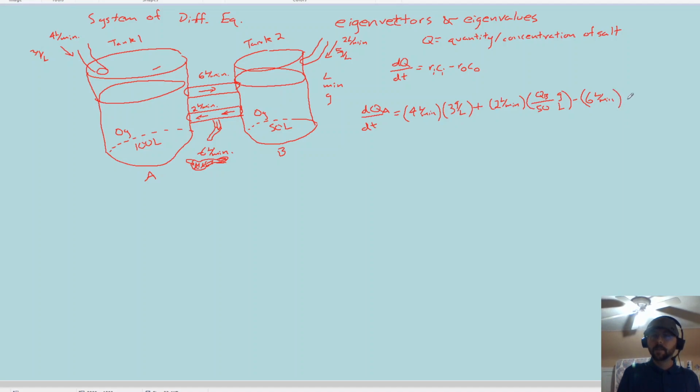And it is going to be multiplied by the quantity that is in A, which changes, so you have to use the function Q sub A, and that's going to give you grams, and what you actually want is quantity in A, the grams, per 100 liters. That's the concentration. I was mixing up those two words earlier.